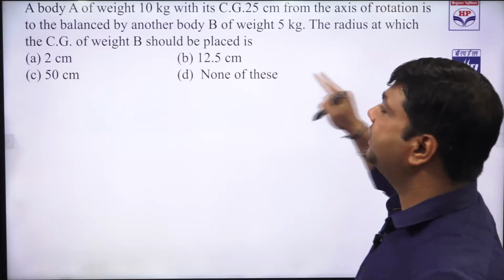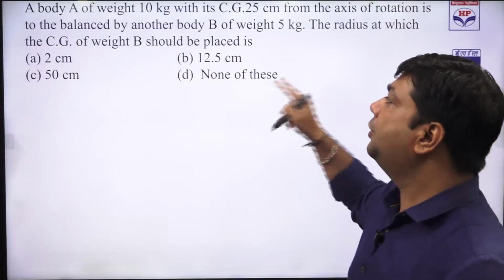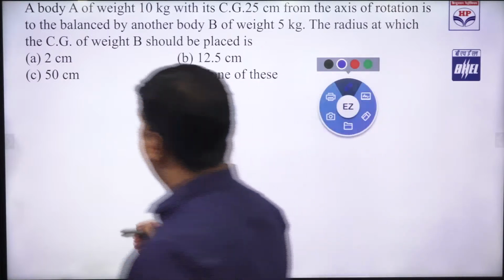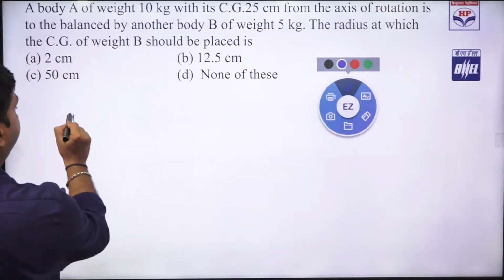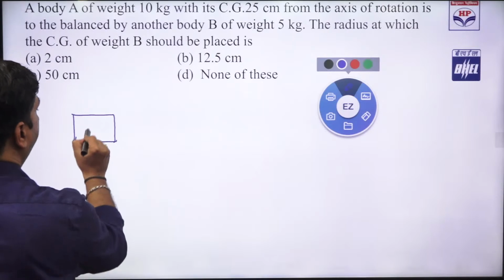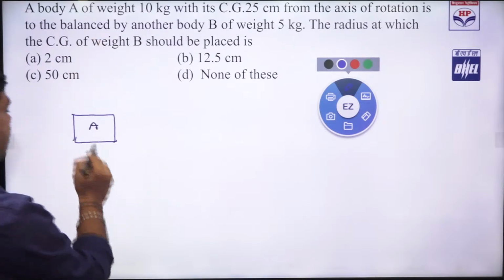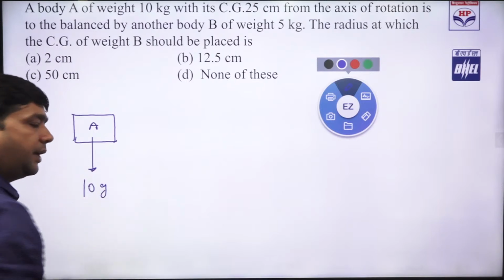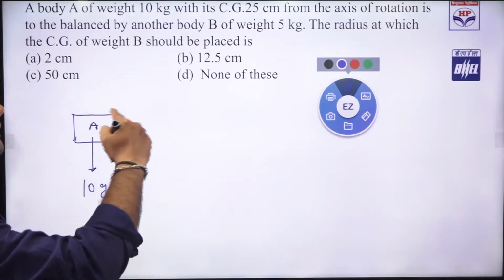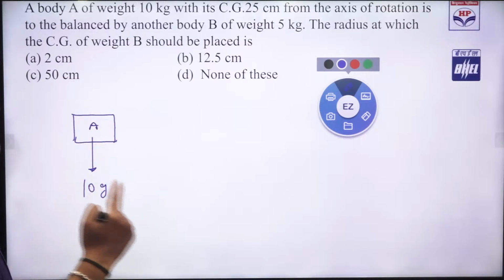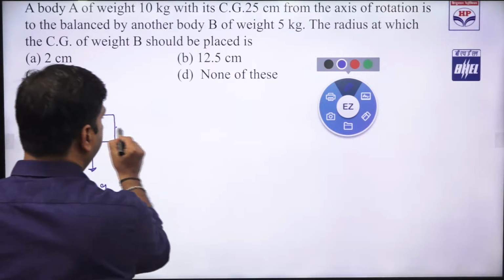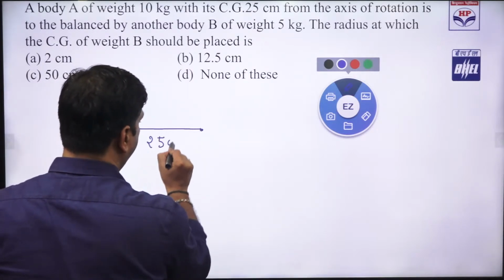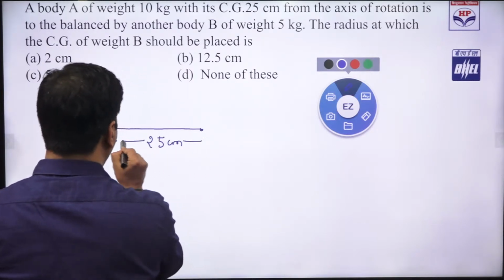The radius at which the CG of the body B should be placed is asked. So this is body A having the mass 10 kg, that is 10g, with its CG 25 centimeter from the axis of rotation.